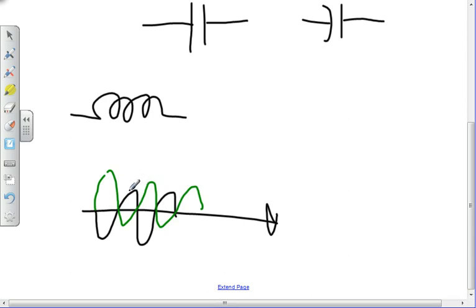So the black one is going this way. This is the y-axis, this is the x-axis, and the z-axis is going that way. The green one is going up and down parallel to the z-axis, and the black one is going back and forth in the x, y direction.